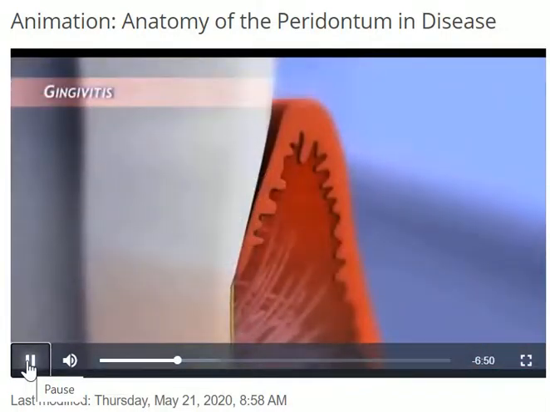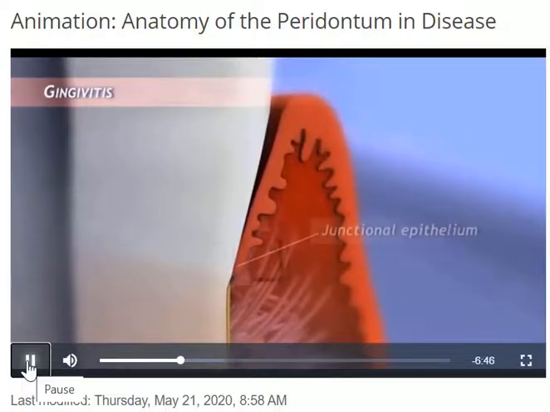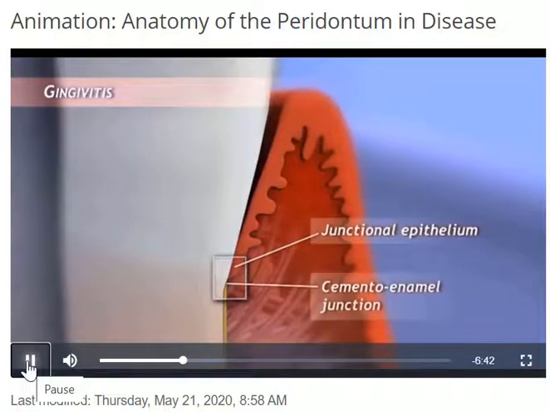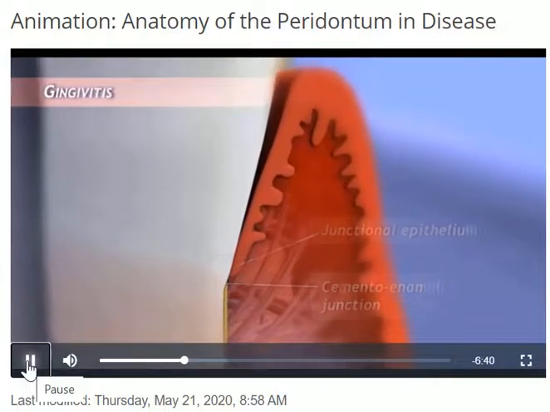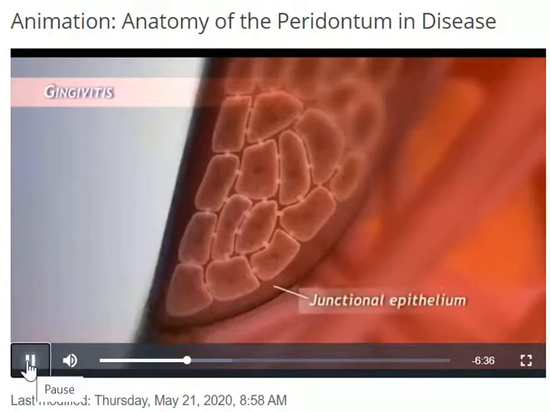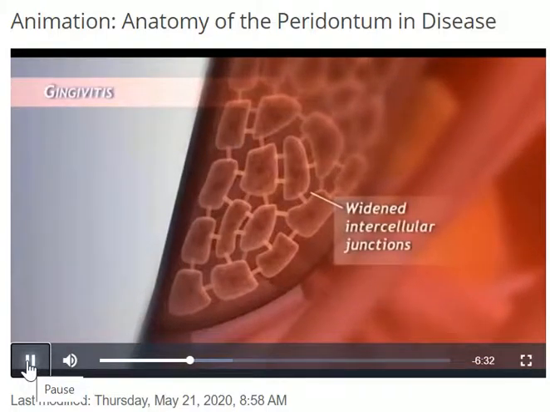In gingivitis, the periodontium undergoes the following changes. The junctional epithelium remains coronal to the cemento-enamel junction. However, the junctional epithelium exhibits widened intercellular junctions.